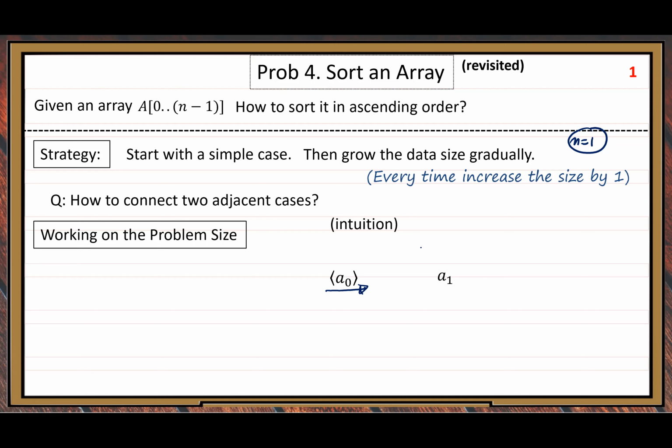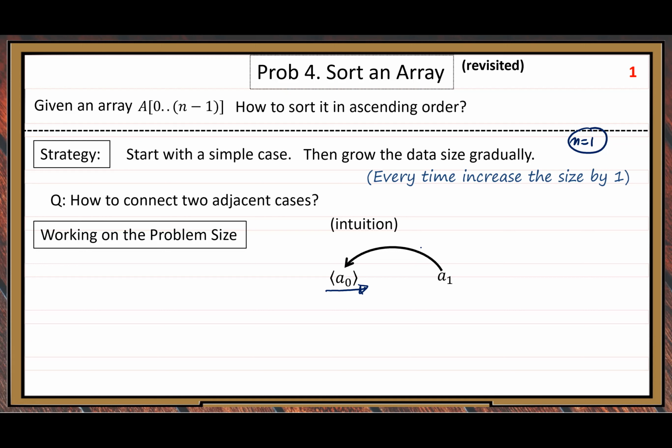Then how do we put A1 in the current array and make it ordered?